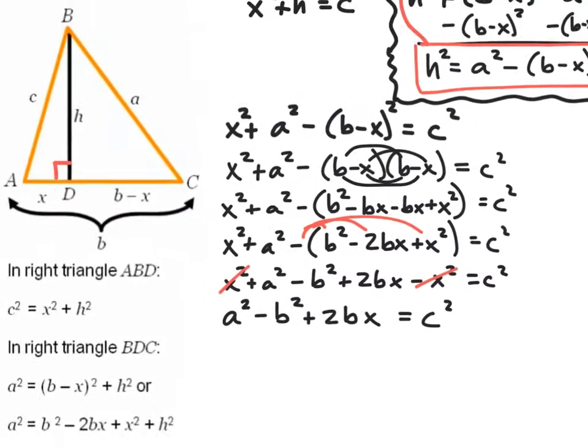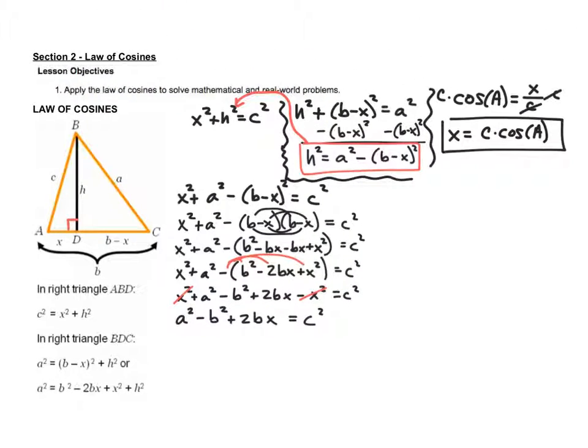Now, what we've done is we've just used the Pythagorean Theorem on both of these, combined them together to get everything in terms of A, B, and C. The problem is that you have this x here, okay?